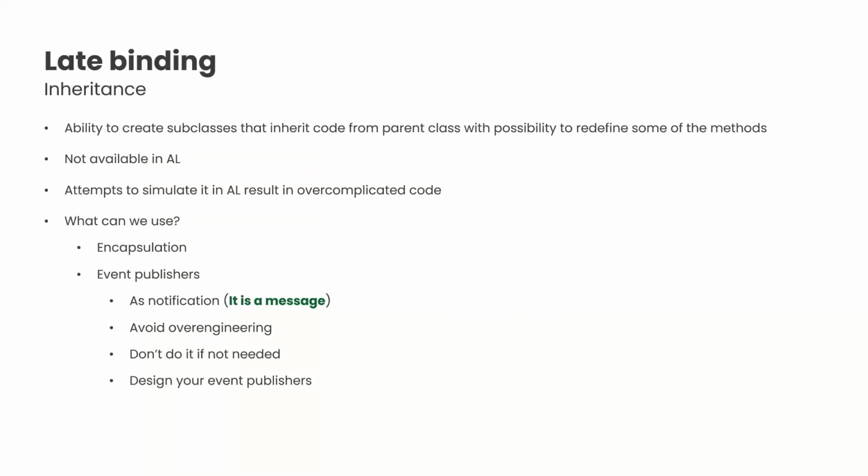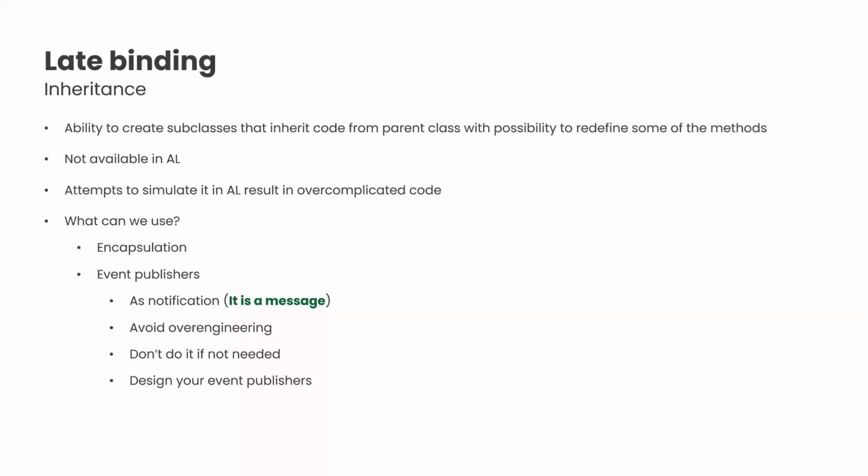Something more about the late binding and inheritance. Inheritance is the ability to create a subclass that inherits code from the parent class, with the possibility to redefine some of the methods, which is not available in AL. We cannot have inheritance.